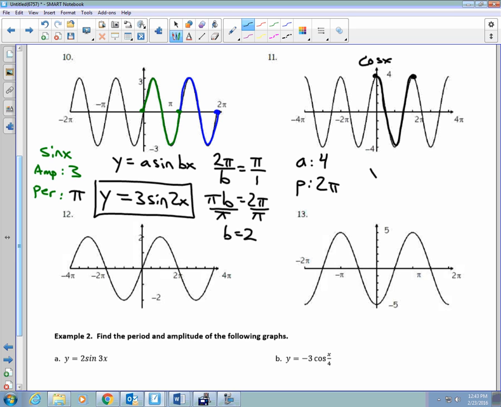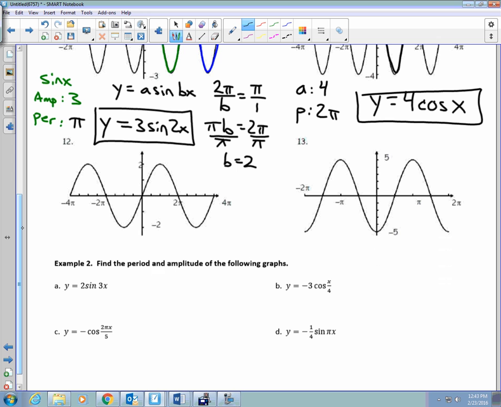So my equation would be y equals 4 times the cosine of how many cycles? 1 cycle within 2 pi, so just cosine of x. Okay?